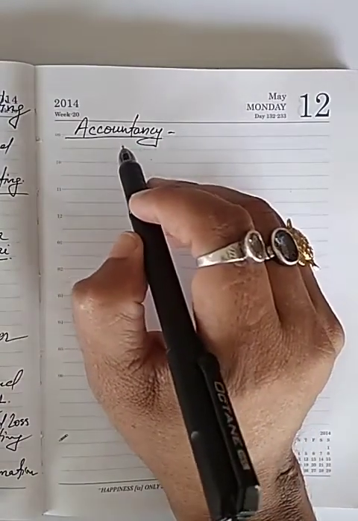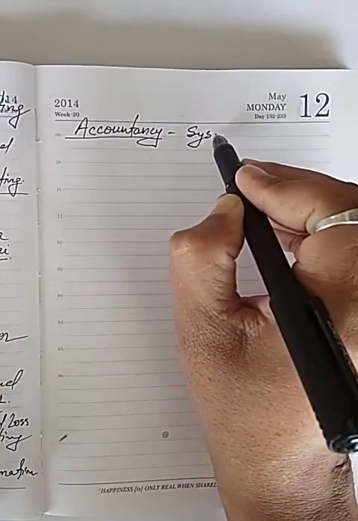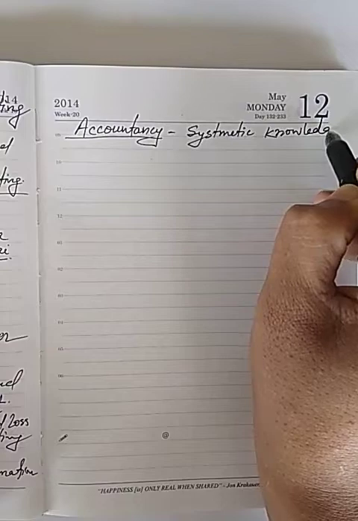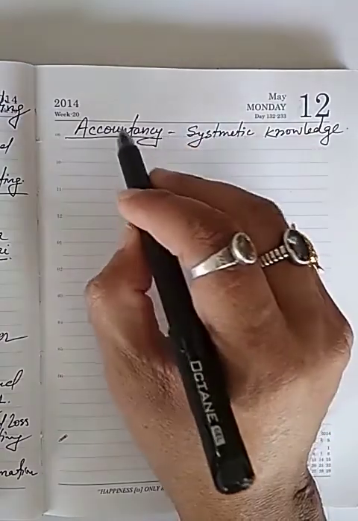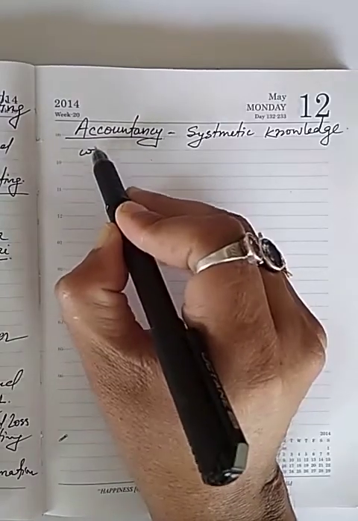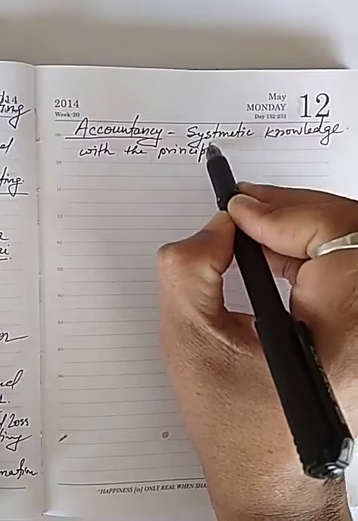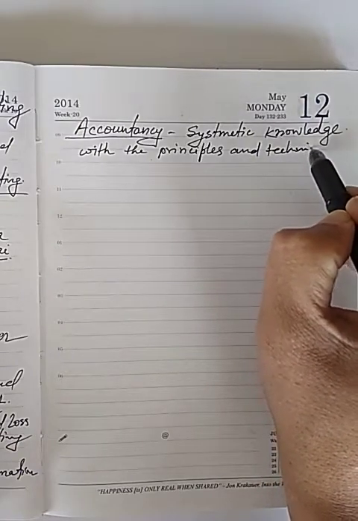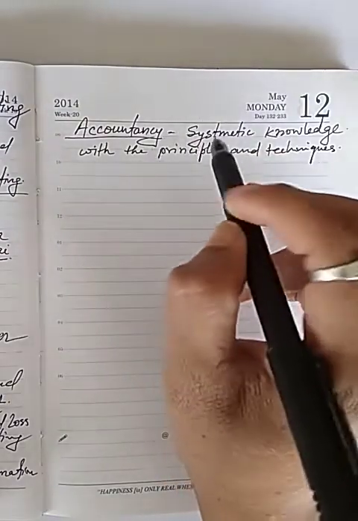Now, the third point is accountancy. It refers to a systematic knowledge of accounting concerned with the principles and techniques which are applied in accounting.